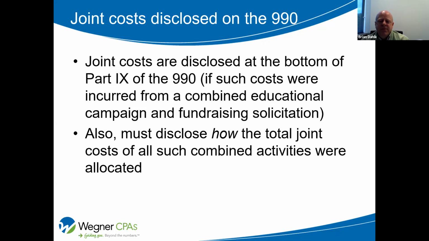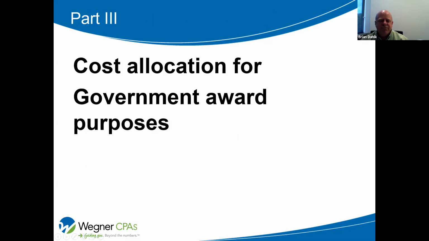So that's a bit narrower of a definition than what we saw for GAAP financial statement purposes. So if a nonprofit does have these joint costs, it needs to disclose them at the bottom of Part 9 of the 990 and also disclose how the joint costs were allocated. So that's the basics of the 990, the cost allocation for IRS 990 purposes.